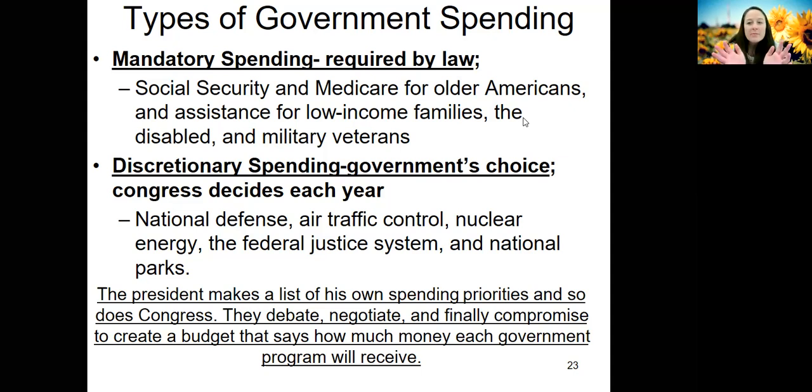They come together, they meet, they fuss, they fight, they try to come to a consensus, and then they try to agree on where they want the discretionary funds to be spent. So mandatory is required by law; discretionary, we have a choice on what we're going to spend money on. That would be our military, air traffic control, nuclear energy, national parks, the federal justice system.